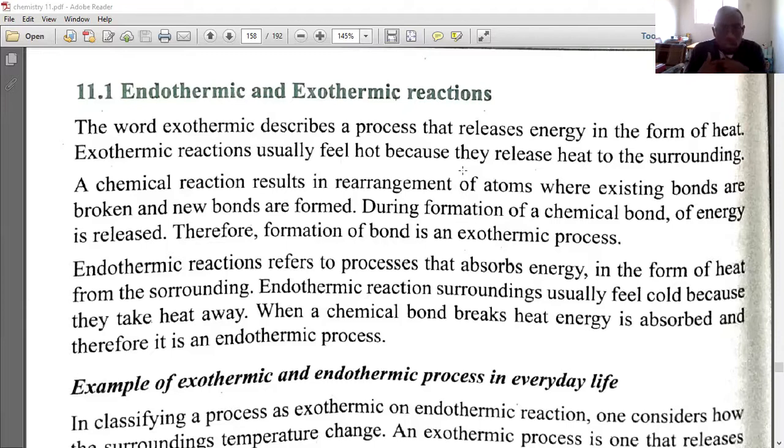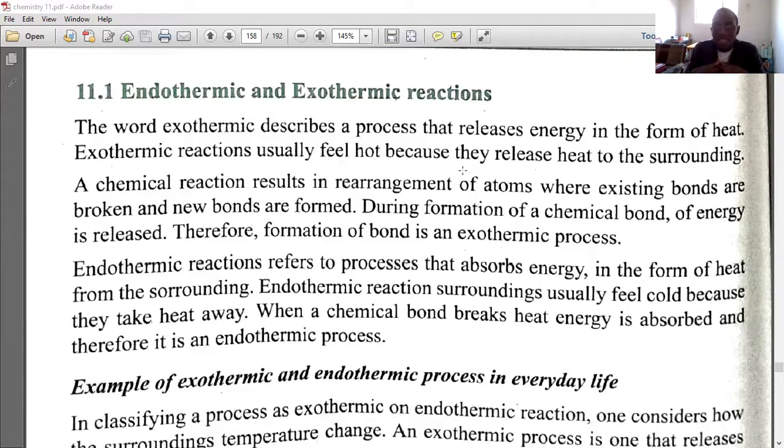Then the opposite is what is known as an endothermic reaction. Again, we're going to look at the two words involved: endo and thermic. Endo is inside, and thermic is the heat. So by definition, it's a process where heat energy is absorbed.